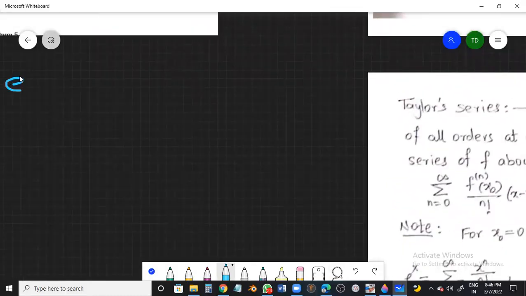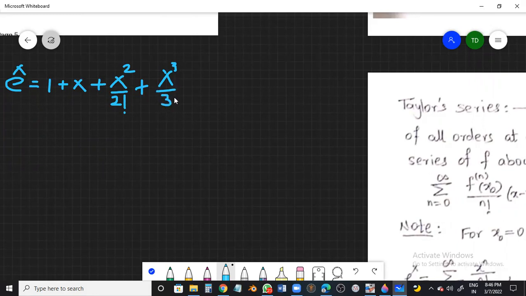I hope you remember it. e raised to x is equal to 1 plus x plus x square upon 2 factorial plus x cube upon 3 factorial plus and so on. I hope you remember this. So this is the power series expansion of e raised to x.